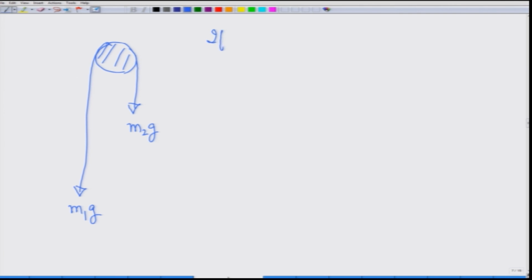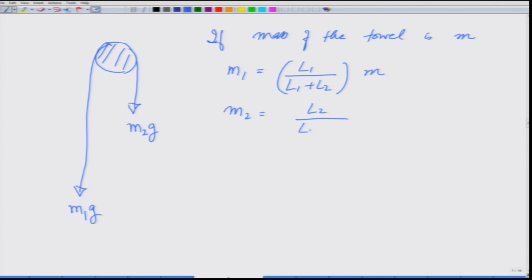If the mass of the towel is M, then M1 is L1 over (L1 plus L2) times M, and M2 is L2 over (L1 plus L2) times M. And if the towel should not slip, then the force M1 G has to be equal to M2 G times e raised to mu theta, where theta is the angle of contact between the towel and the rod, and this we know is nothing but pi.